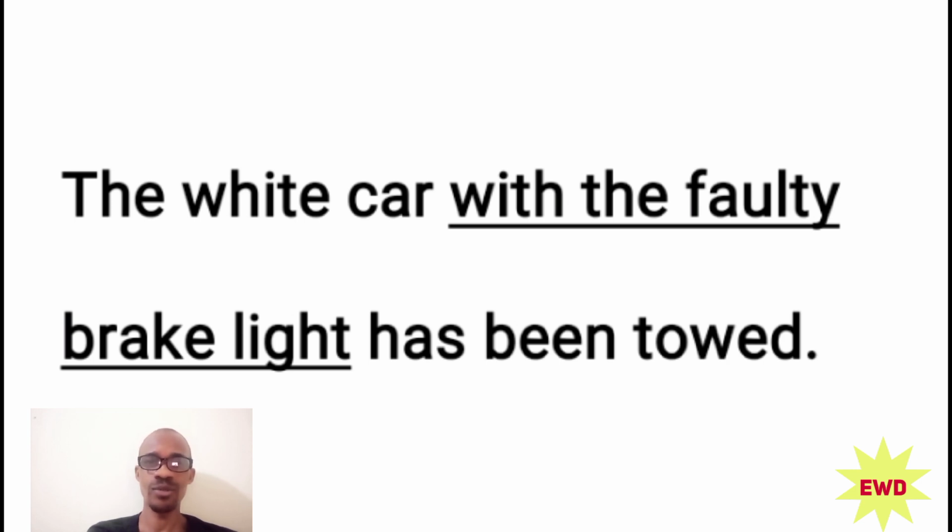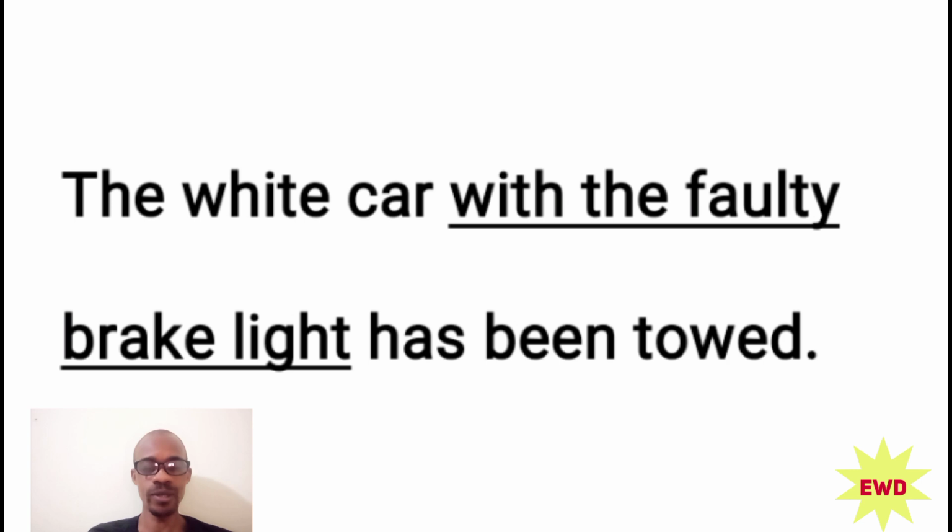We have different types of phrases: noun phrases, adjectival phrases, and adverbial phrases. So we're going to find out what type of phrase the underlined expression is. The best way you can do this is by saying the entire sentence from the beginning without the underlined part.